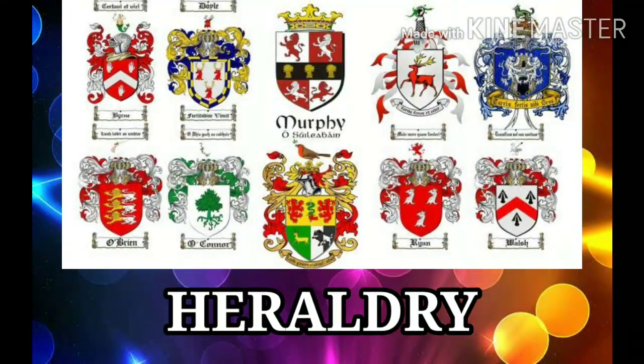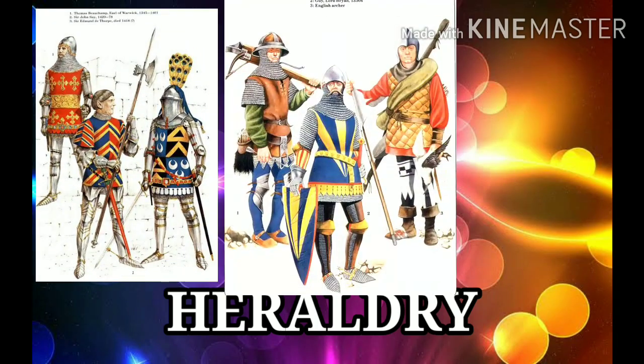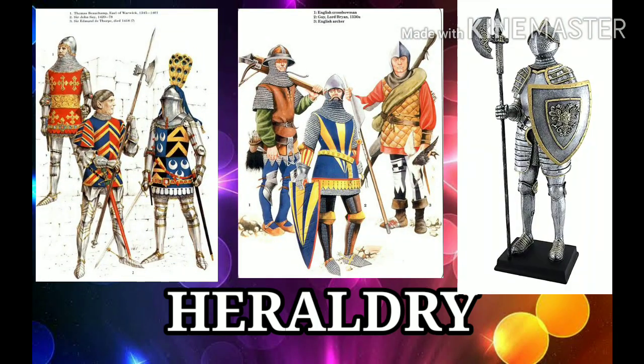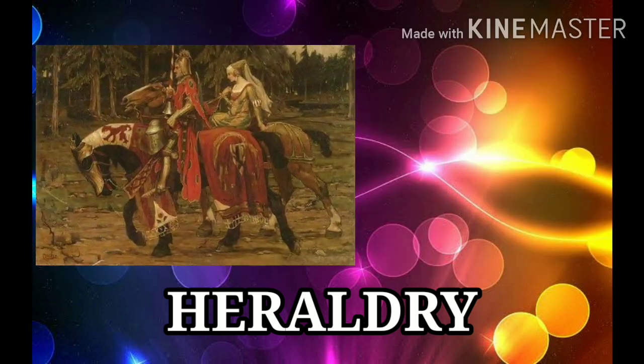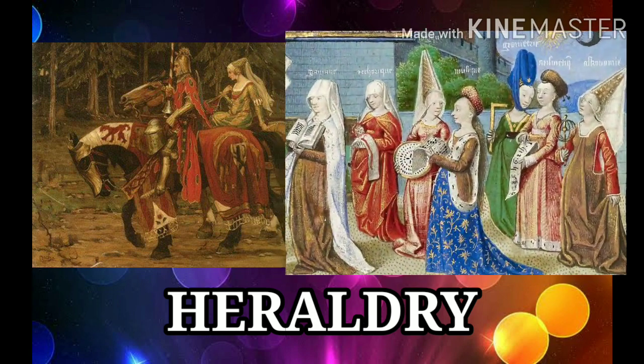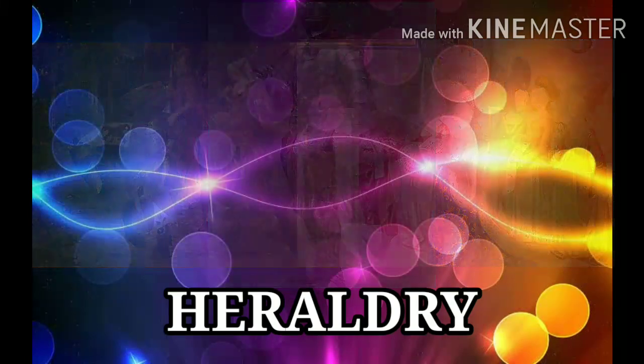Heraldry is a system of assigning design elements, societal meaning, and status. Heraldic tradition fully developed in the 13th century, and it flourished and developed further during the late Middle Ages and the early modern period. Heraldry is adopted by wealthy commoners to represent their family symbol.